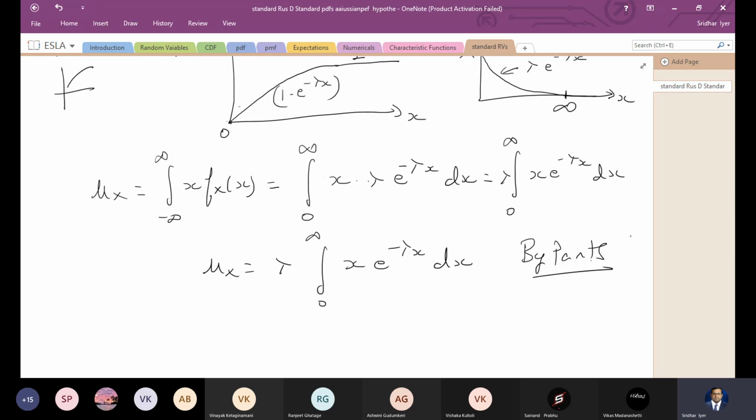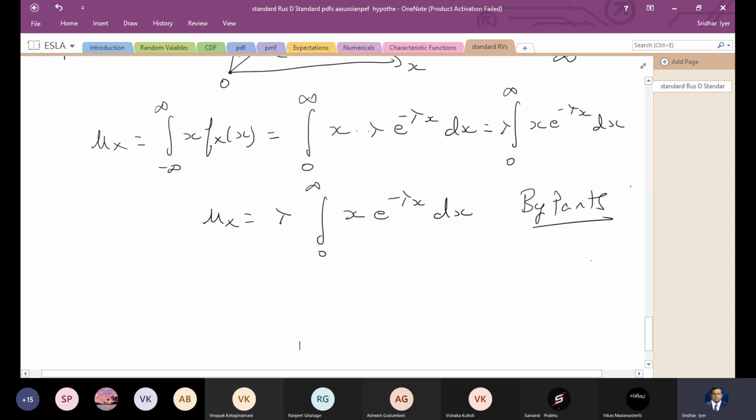I'll definitely discuss this in the next class, but I want you to get acquainted with the integration part, because this is not an integration class. Your integration has to be very strong. So please go back. If you want, you can apply some other rule also. It's not that only by parts, but I think if you use integration by parts, it will become a little easier for you in this case.